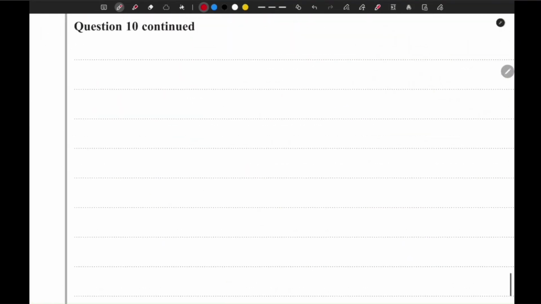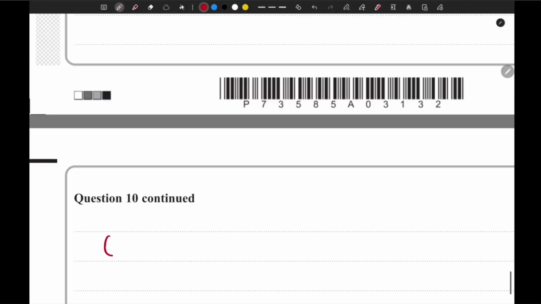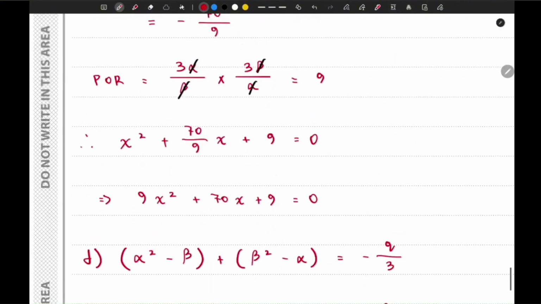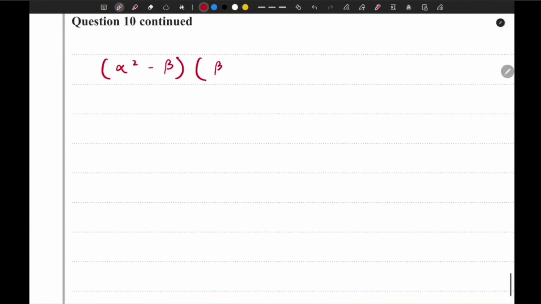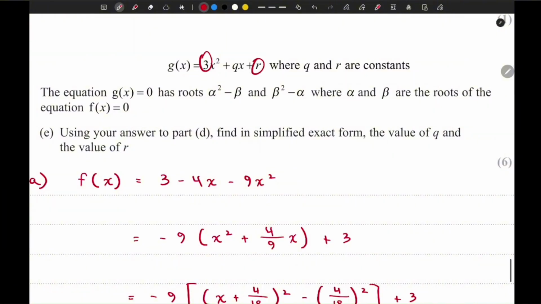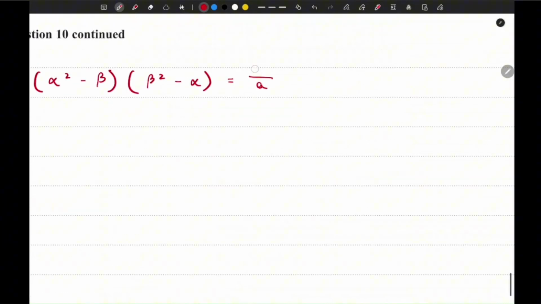So in order to find the value of r, we can say that the product of roots, which is alpha squared minus beta multiplied by beta squared minus alpha, is equal to c divided by a. So the value of c is r and the value of a is 3.